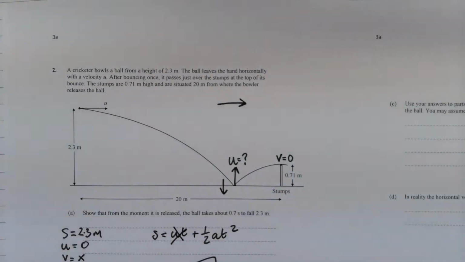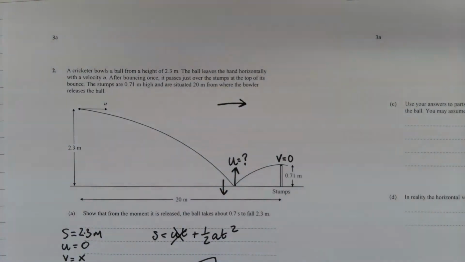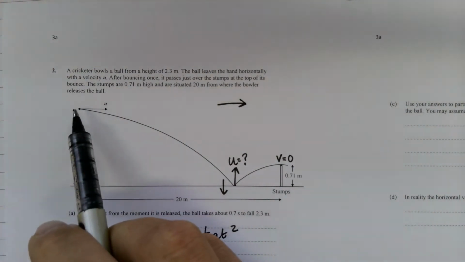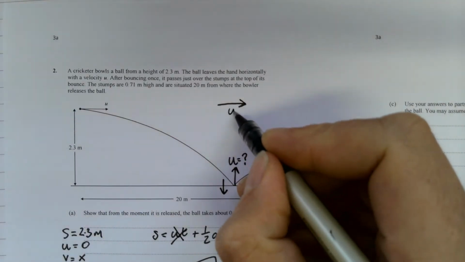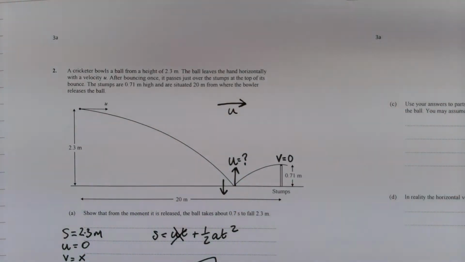Okay, the next part of the question, part C, says to use parts A and B to calculate the initial horizontal velocity. This is where you have to remember that the horizontal velocity has remained constant. So whatever u is here, it's going to be the same over here.